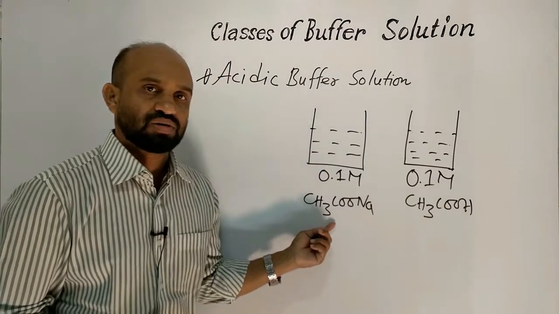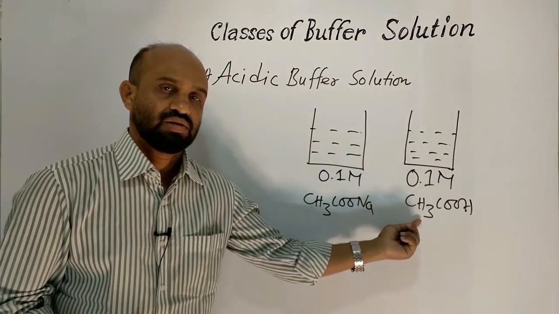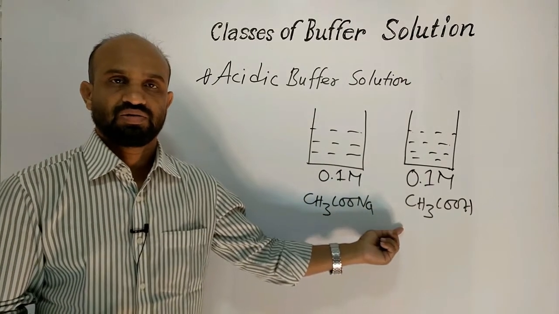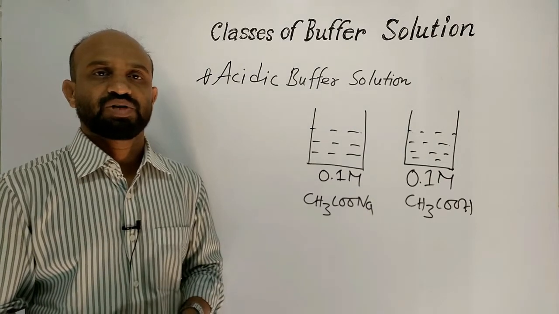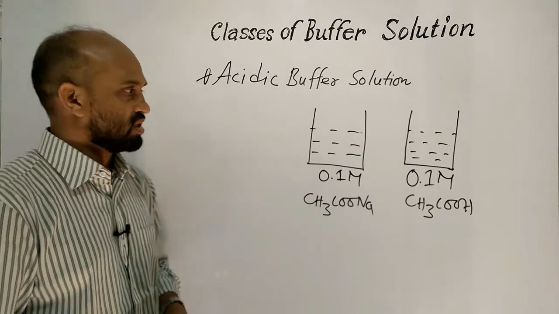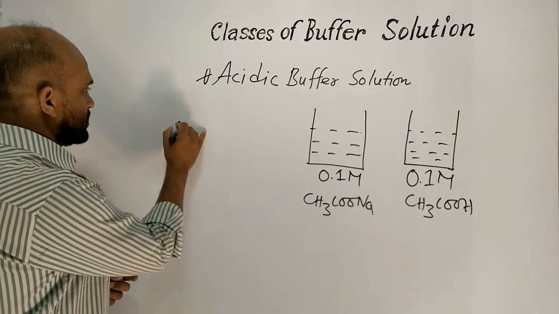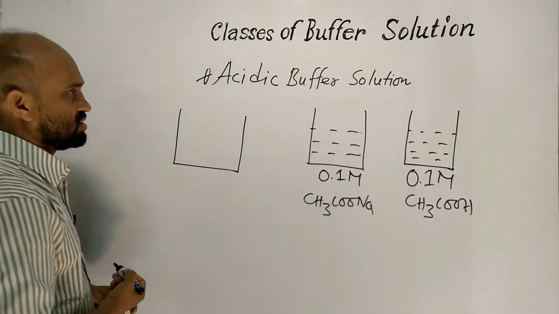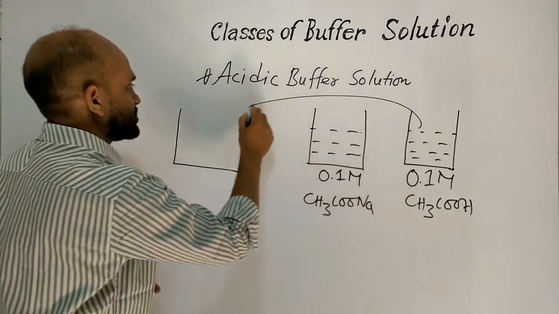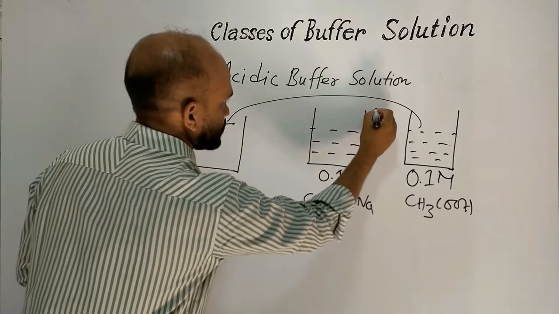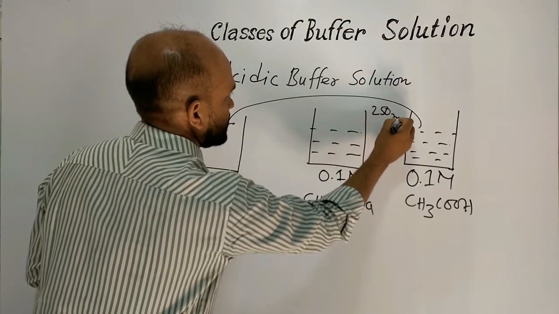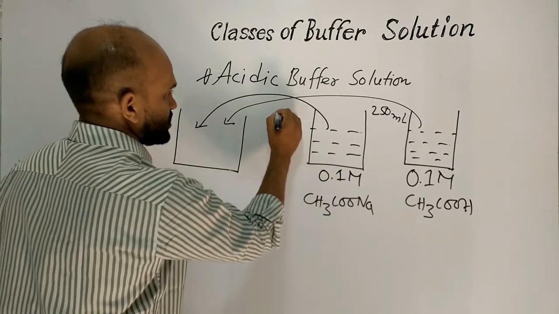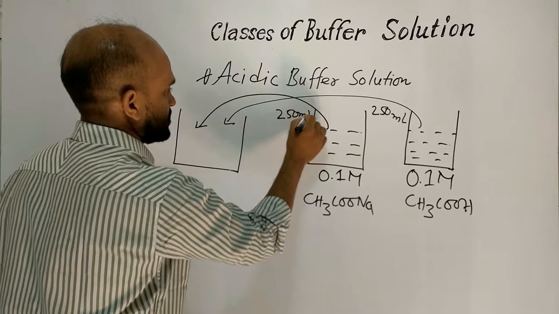It's a kind of salt of this weak acid, which is called basic salt of weak acid, which has been discussed in the previous lesson in detail. Now, another beaker is taken where this solution is taken. This is, suppose, 250 milliliter, and this is also taken, suppose, 250 milliliter.